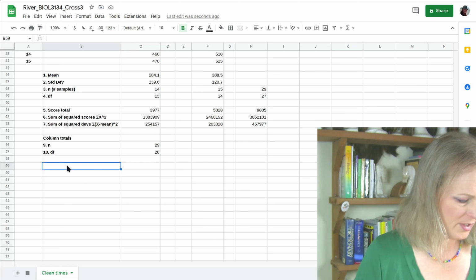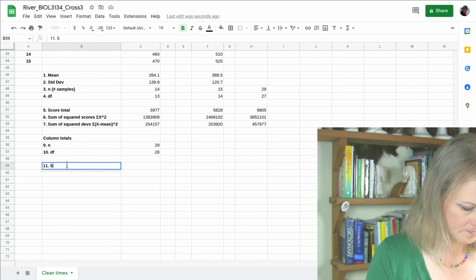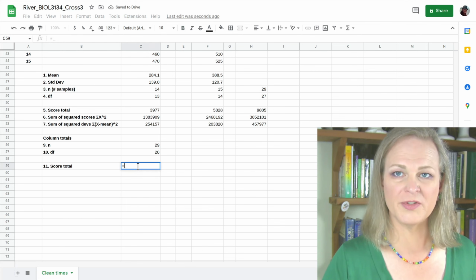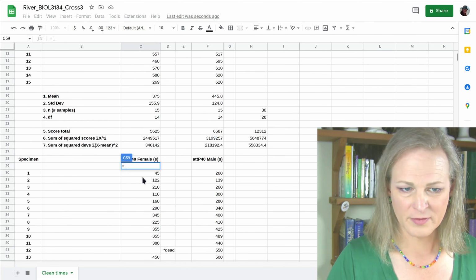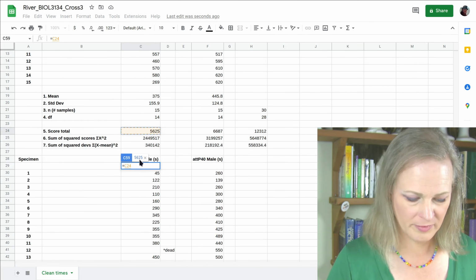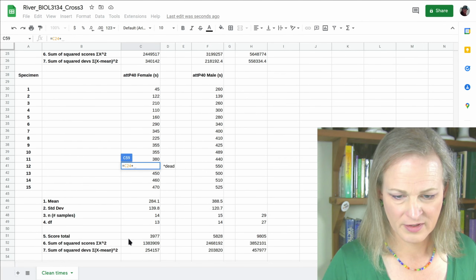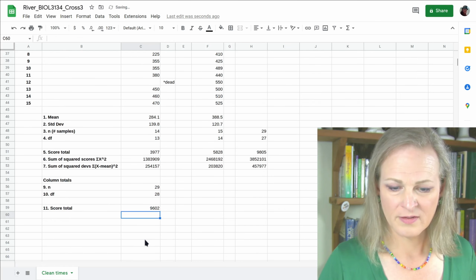Next, let's grab the score totals for the column. So this is going to be equal to, now it's not really easy to autofill this, so this is going to be equal to this score total plus this score total. All right.